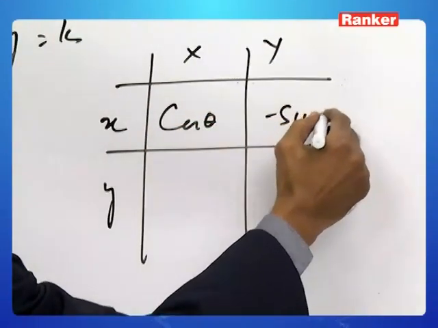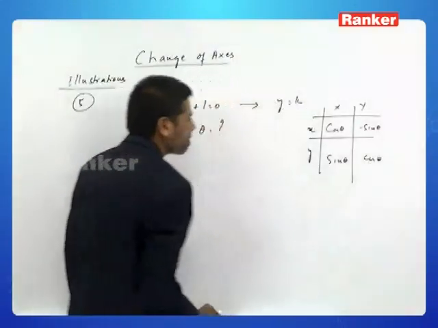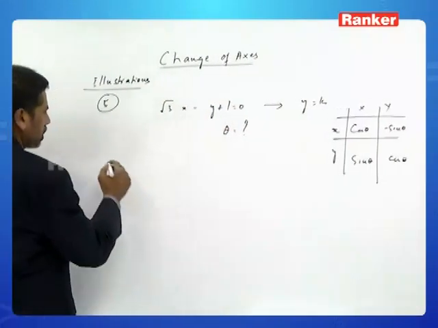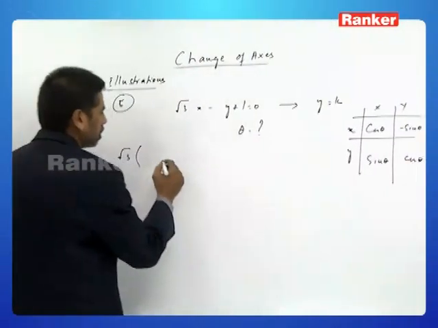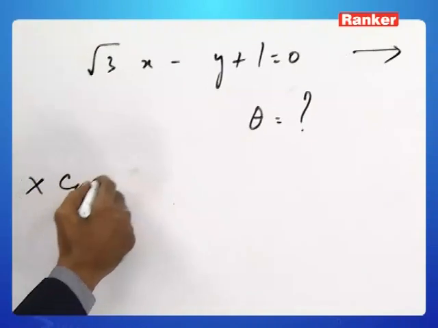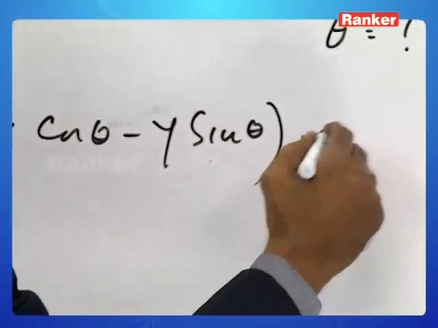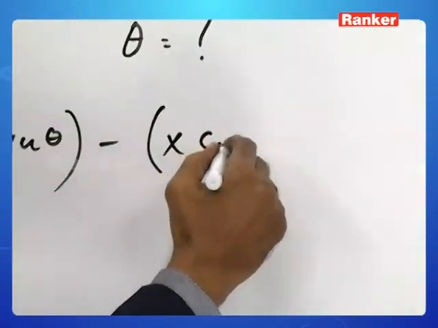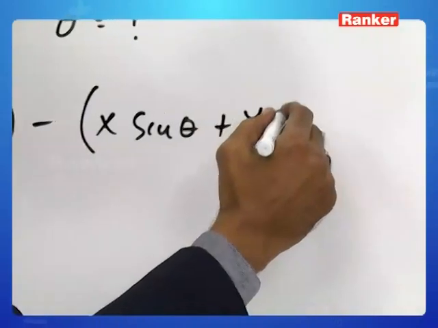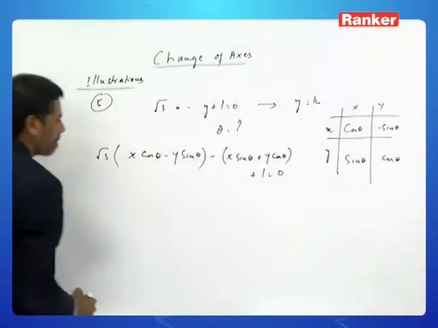Cos theta minus sin theta, cos theta. So let's use that here. Small x is equal to capital X cos theta minus Y sin theta, minus of y is X sin theta plus Y cos theta, plus 1 is equal to 0.